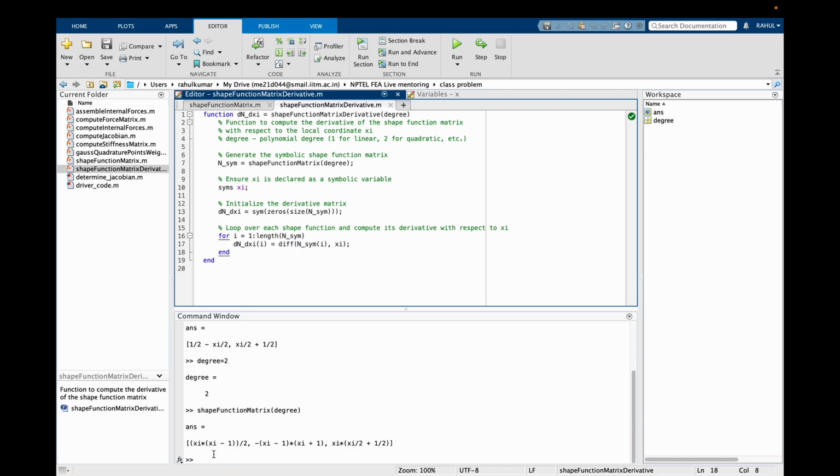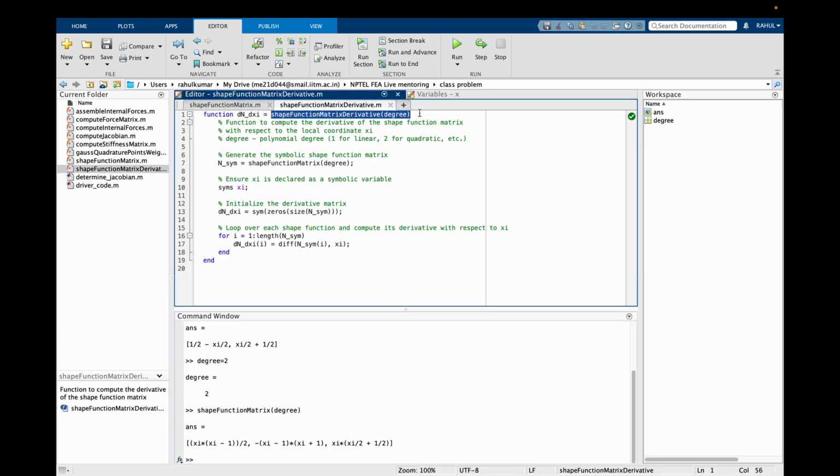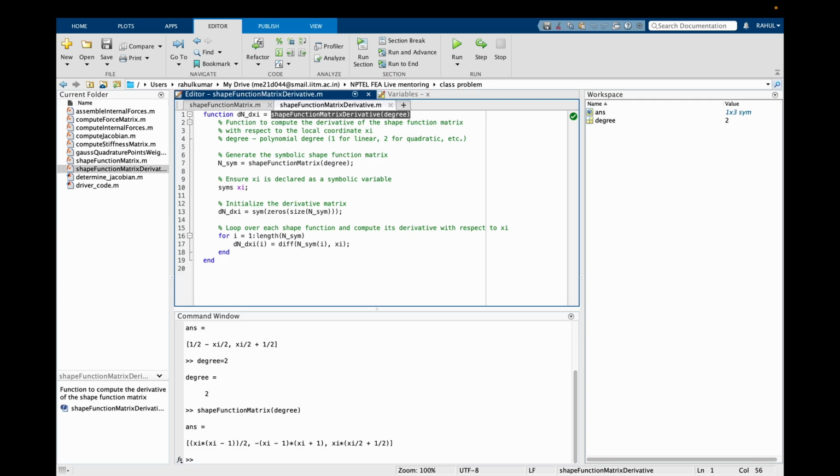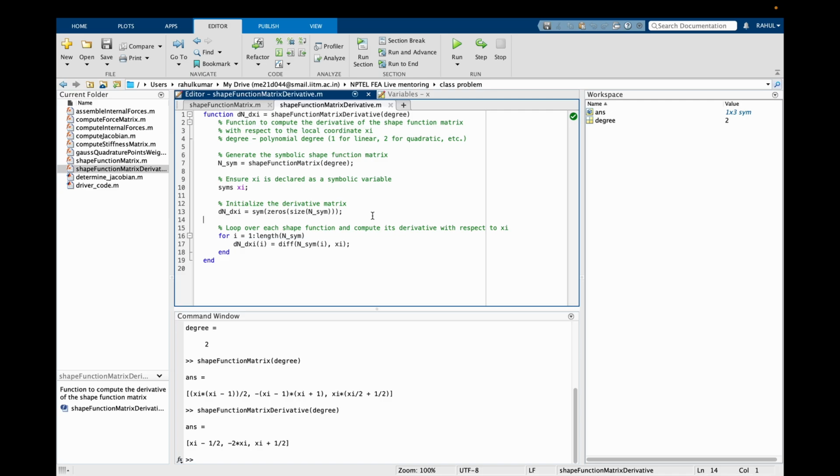Now you will see what the result will be. Since I have already given a degree argument, here you will see that when the degree is 2, this will be the derivative.